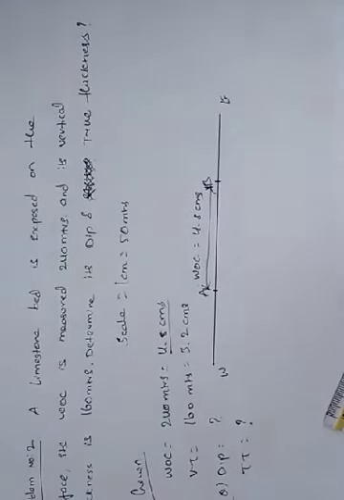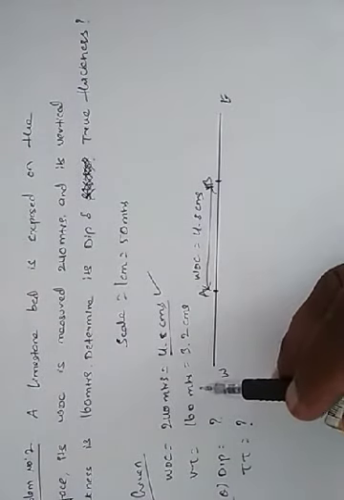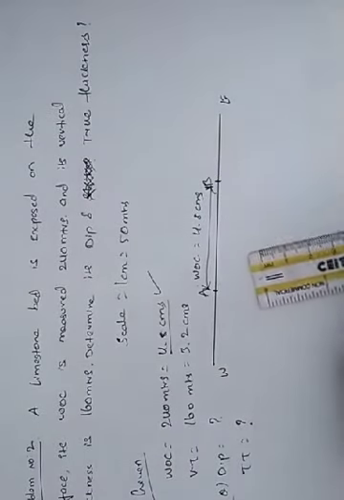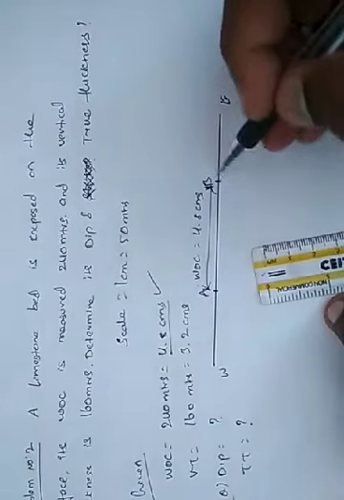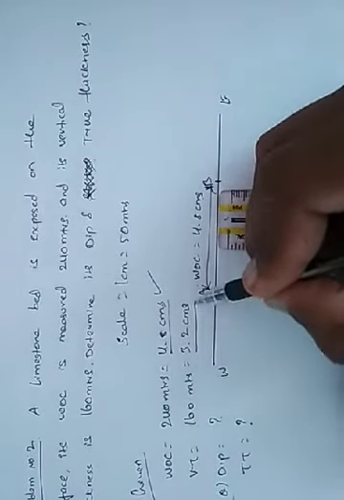So this is our width of outcrop, 4.8 centimeters. Now the vertical thickness is given. So how to mark the vertical thickness? Again, perpendicular to the surface line, vertically downwards, 3.2 centimeters.